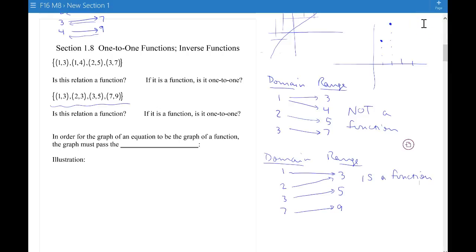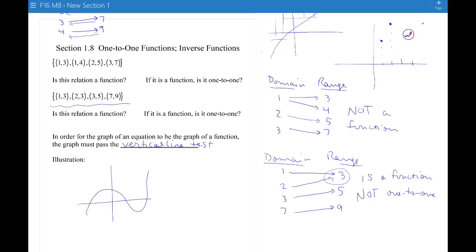Every item in the domain goes to one and only one item in the range, but it's not one-to-one because we have this item in the range that came from two different items in the domain. So in order for the graph of an equation to be the graph of a function, the graph must pass the vertical line test. And I showed you some examples of that: here is one that passes the vertical line test. Here is one that doesn't.